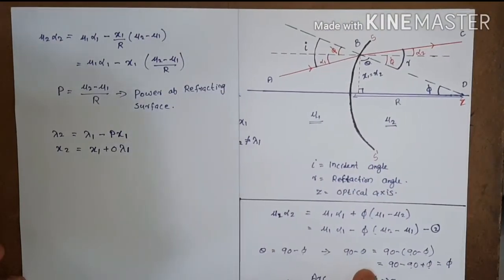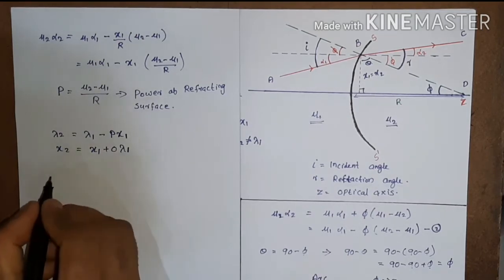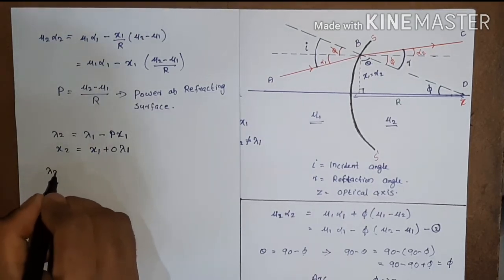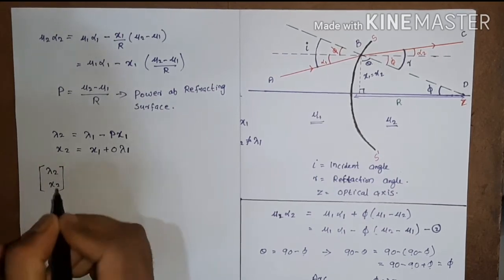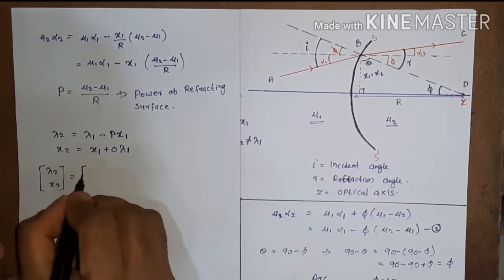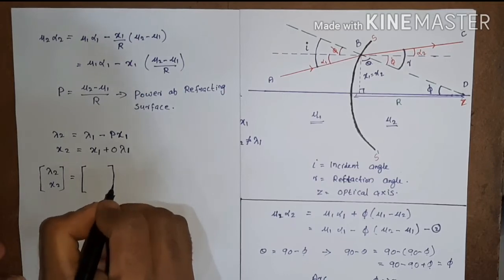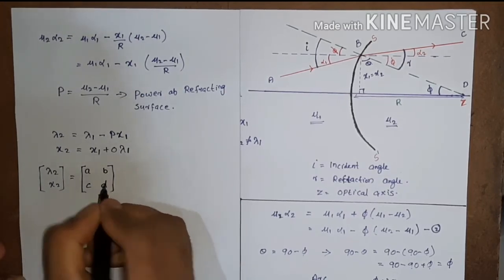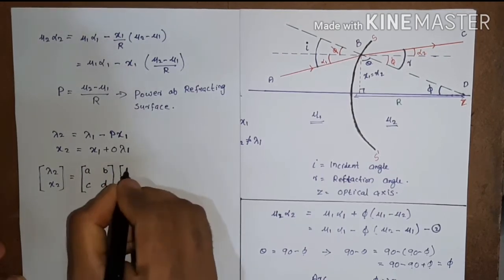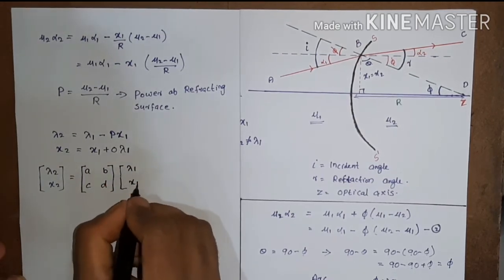These two coordinates can be represented by using a matrix method, that is lambda 2 and x2, which is a column matrix, which can be obtained by operating an arbitrary matrix, let me take it as A, B, C, D, on the initial coordinates lambda 1 and x1.